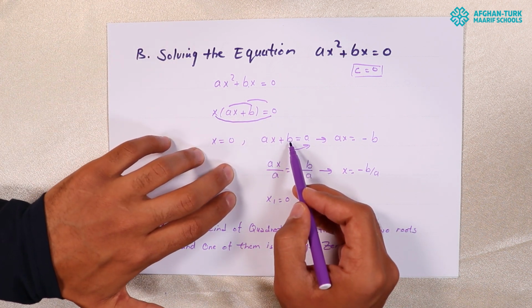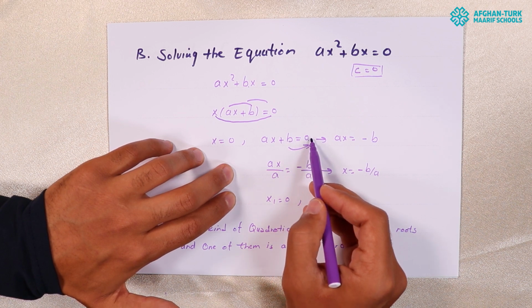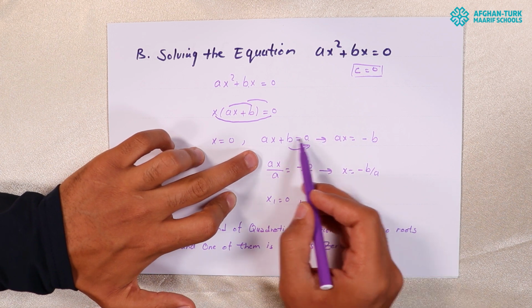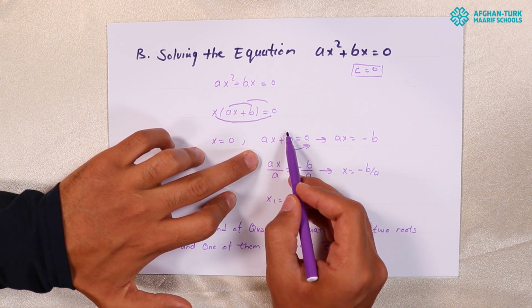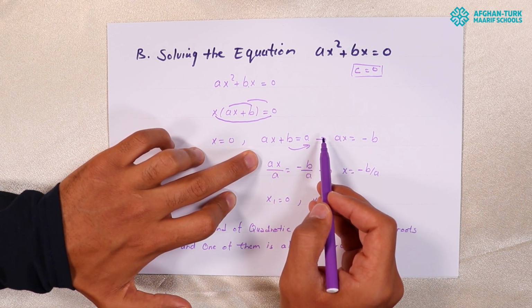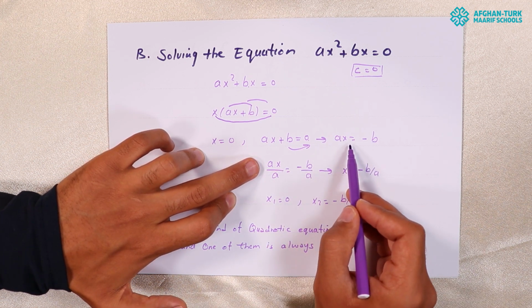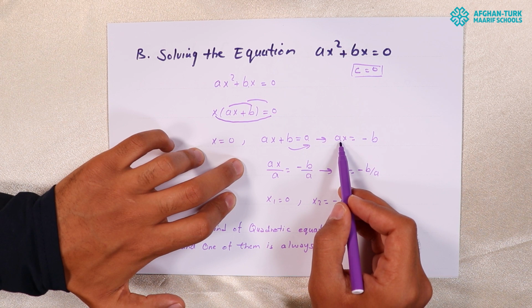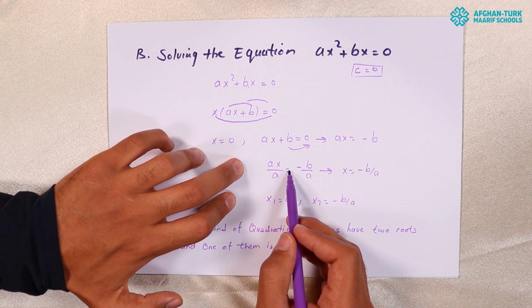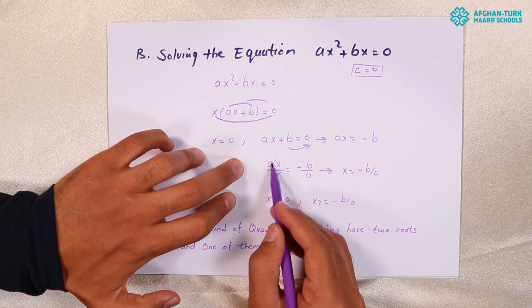Then we move this b to the right hand side of the equation. So ax will be minus b because we moved b to the right hand side. So we are going to divide both sides of the equation by the coefficient of the variable. So a over a cancels with a.